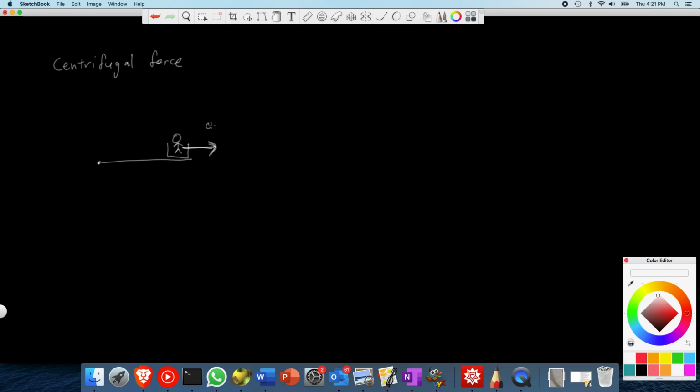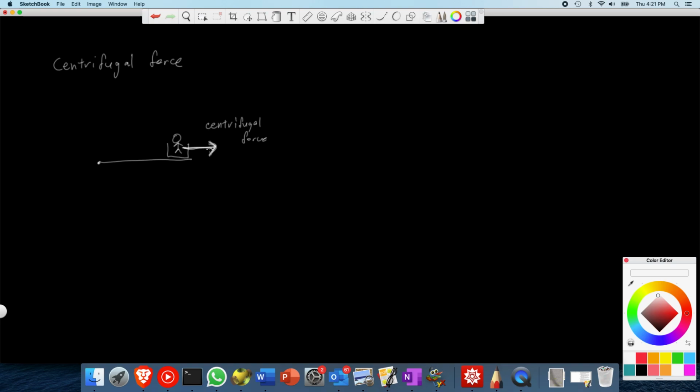So this is actually known as the centrifugal force. Now straight away you can see that the centrifugal force is different. The centrifugal force is pointing away from the center, whereas previously the centripetal force was pointing towards the center of rotation. So that is clearly a difference between centrifugal force and centripetal force.